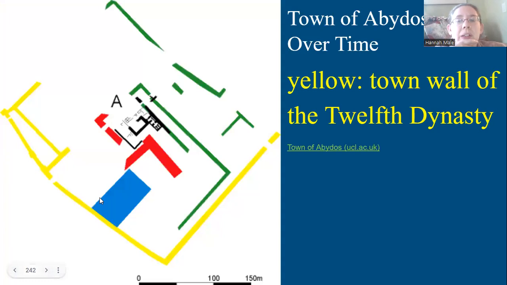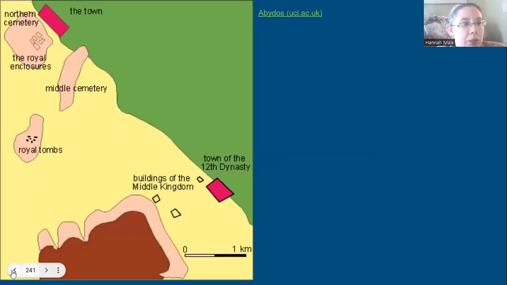So this is the town of Abydos over time. And I think it's talking about this organic town part here, not the town that was founded by the state in the Middle Kingdom to house those mortuary complex personnel and associated people.